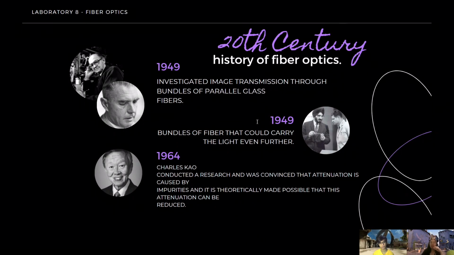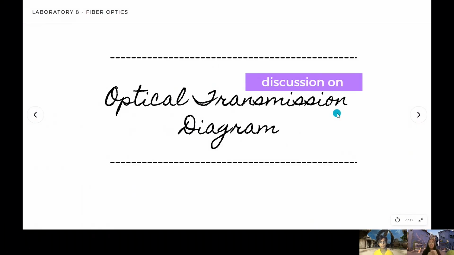But as the years passed by, evolution occurred and innovation was made by certain individuals through their own discoveries. So, for the next slide, this is the discussion about the optical transmission diagram.